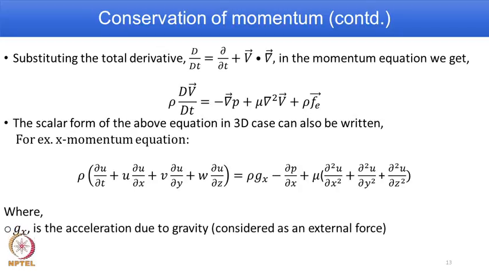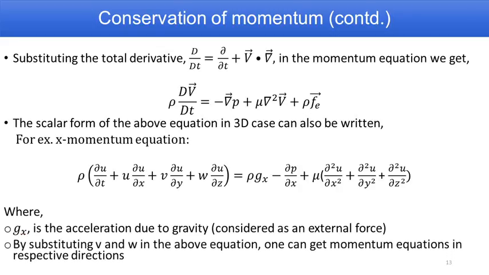Here gx is the acceleration due to gravity, which is considered as the external force. One can similarly obtain, by substituting for the v vector in terms of velocity components, v for y and w for z, the momentum equation in the corresponding direction, the y momentum equation and the z momentum equation.